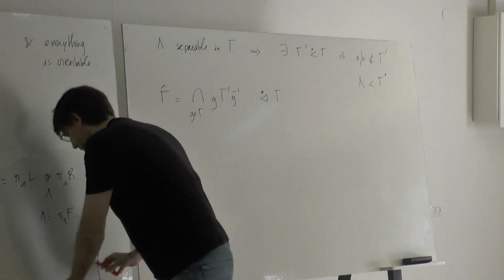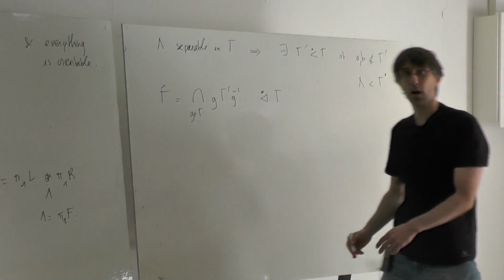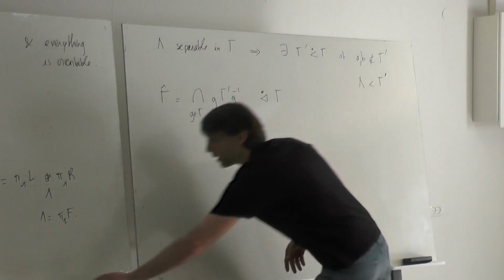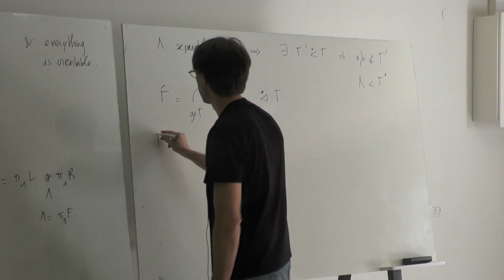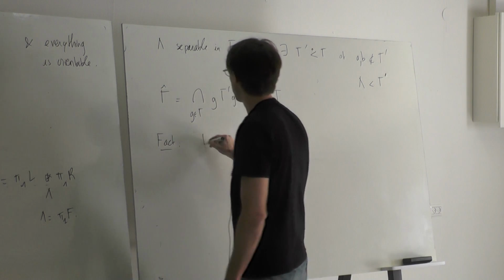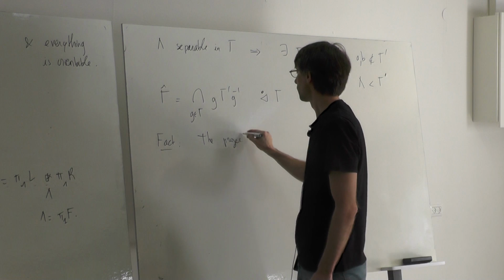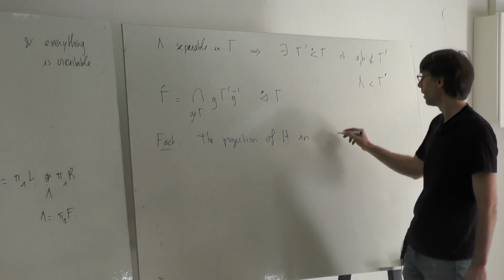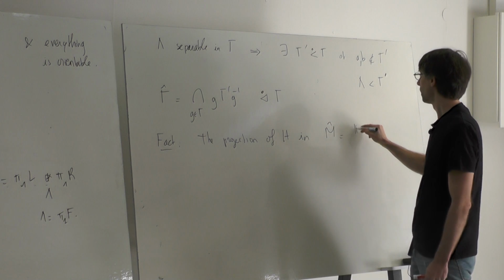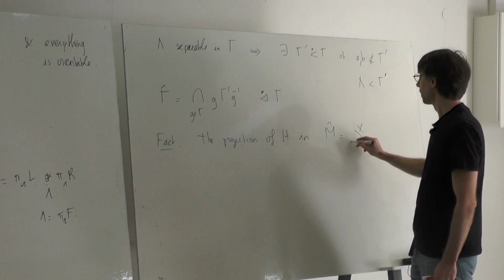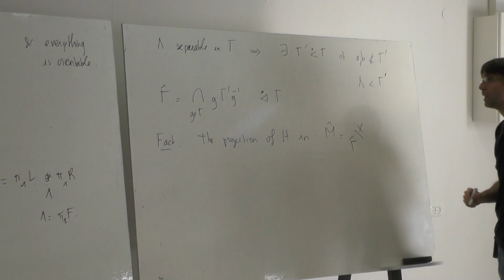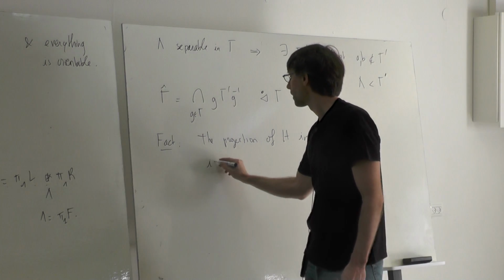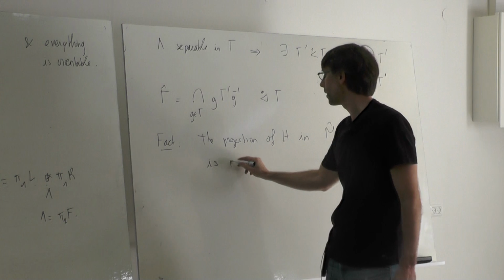Okay, and now I will show you a schematic proof of the fact that in fact the projection of H in M hat, which is X quotiented by gamma hat, is non-separating.